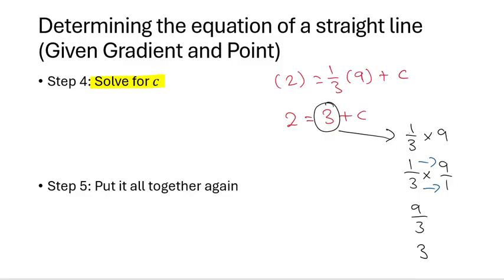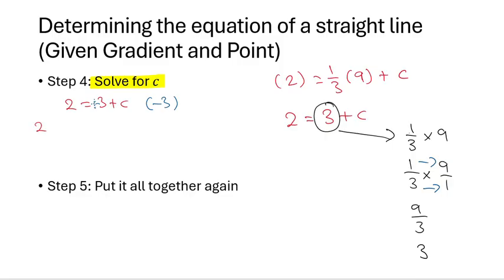If I'm solving for c, I'm going to apply the inverse operation. I'm going to remove the 3 by applying minus 3, because that's a secret positive sign.